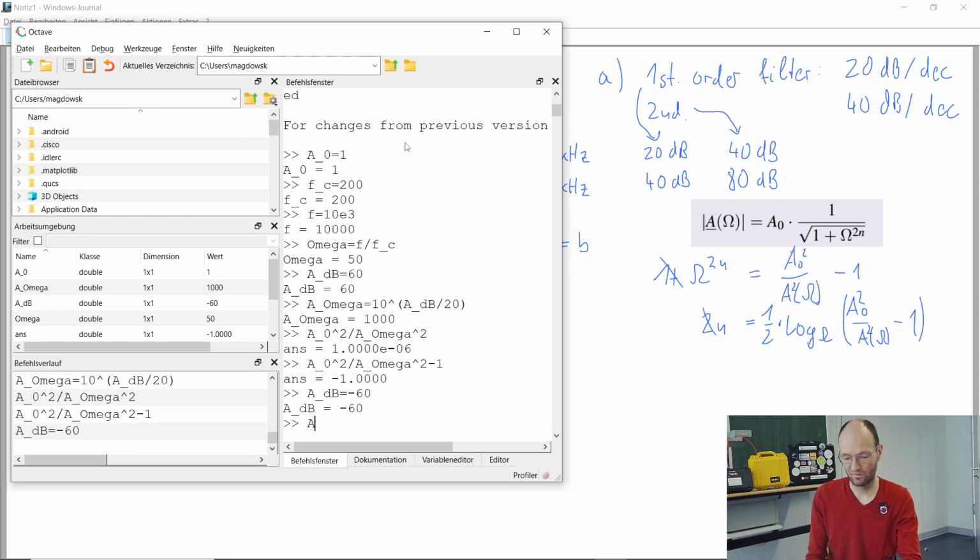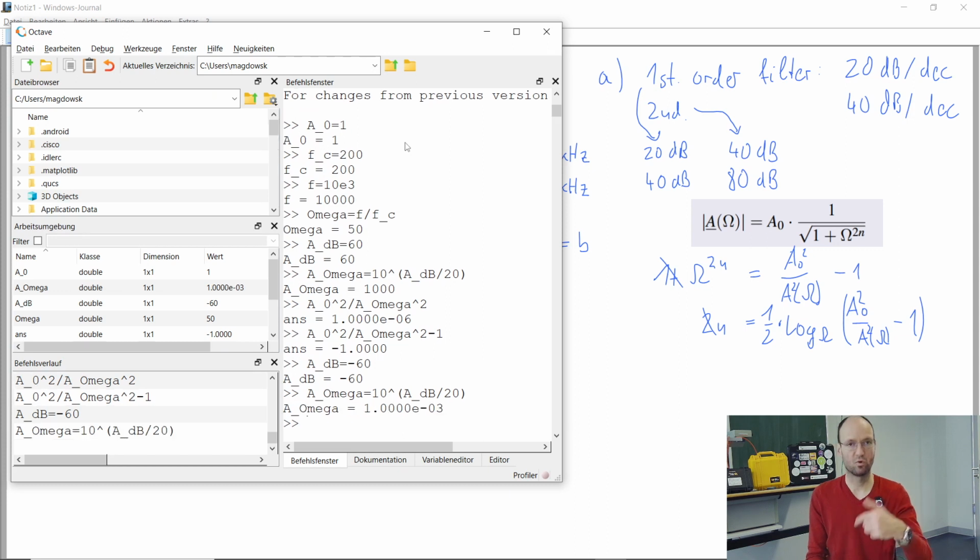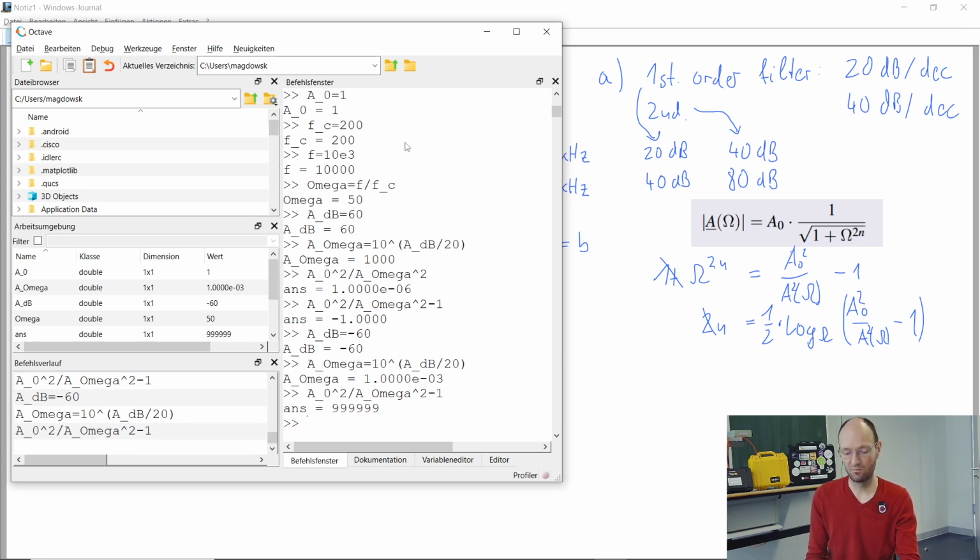And so this A of omega is then 1 over 1000, something smaller. So if we go back to our formula, now we have 1000 divided by 1, 1000 squared is 1,000,000, and 1,000,000 minus 1 is 999,999.